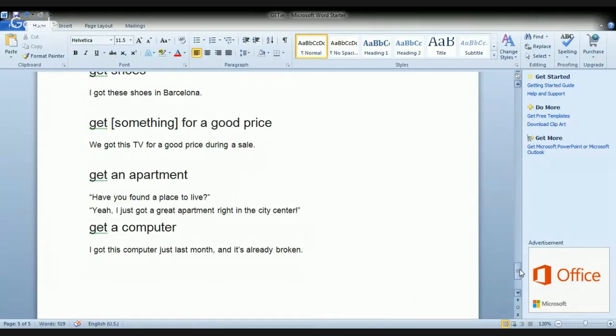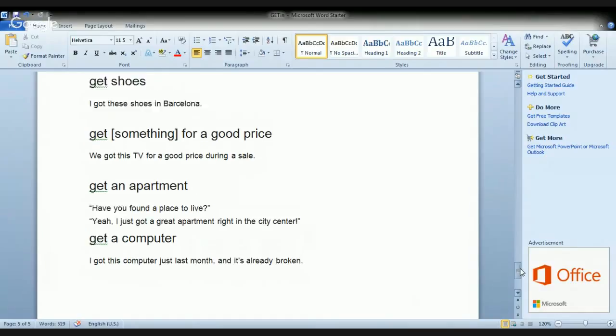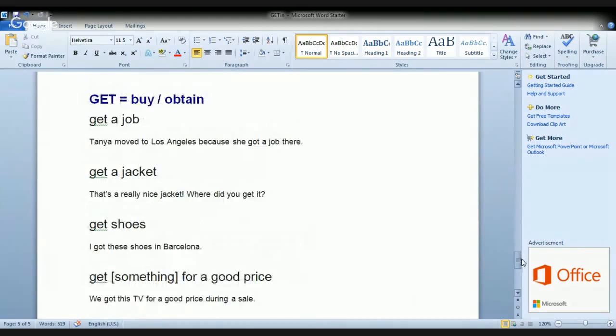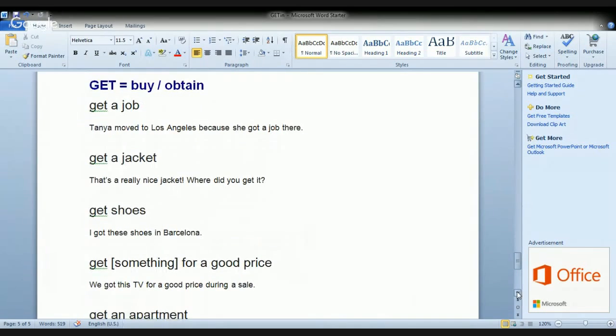Buying. Get is a bit, how can I say, unclear in meaning, whether it is bought or gotten from something. Like, I got a PC. I might have bought a PC, or I might have gotten a PC from my friend or something.